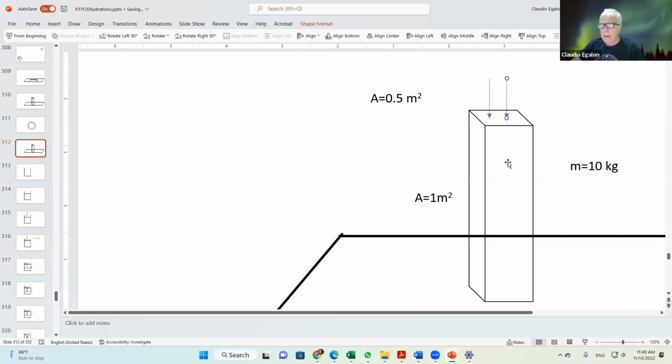Okay, here at the top you have pressure in this direction, but here on the side the pressure is going to be sideways because it's got to be perpendicular to the surface. It's got to be normal to the surface. So that's the funny thing about pressure.